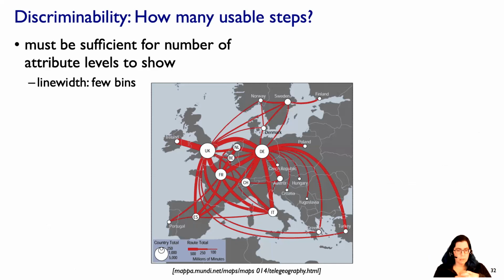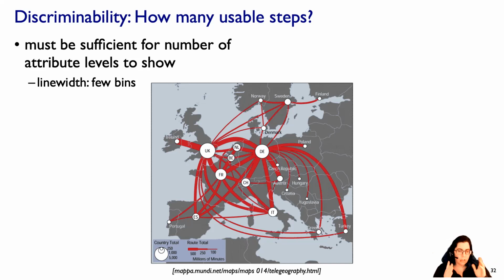So let's take this example. It's showing telecommunications network traffic in Europe from a number of years ago. And the key thing to notice is line width is very effective. We can clearly understand what they mean, which is that some of these flows are larger and some are much smaller. But of course, there's a really limited number of bins with line width. If you make a line too fat, it doesn't even look like a line anymore, right? It just starts looking like some polygon.